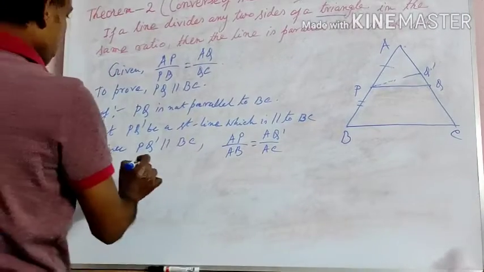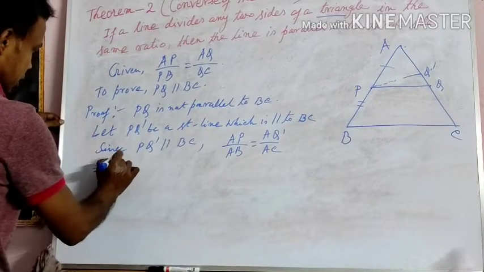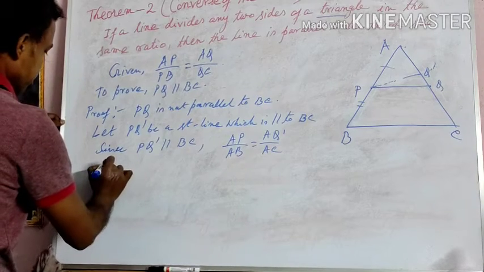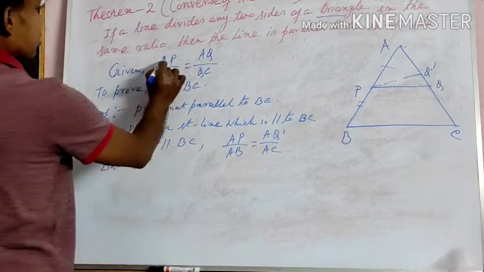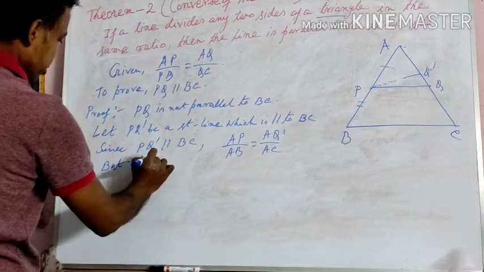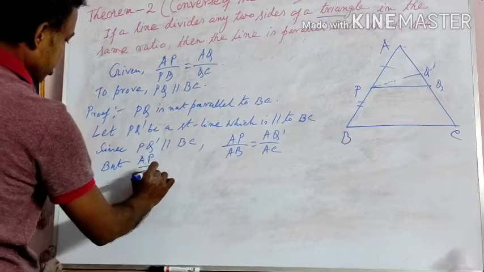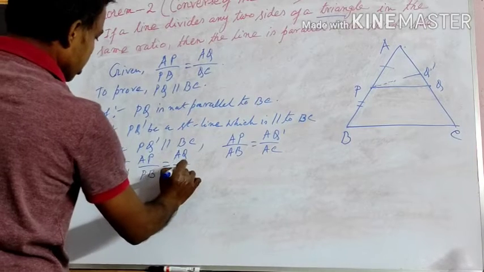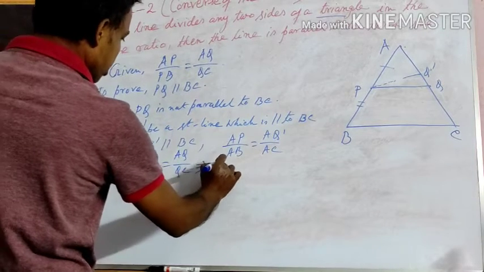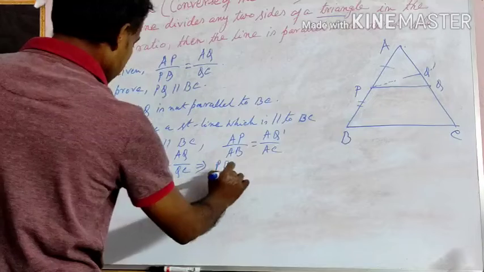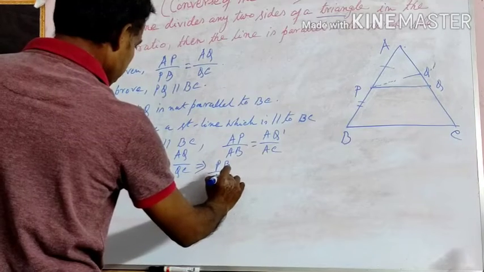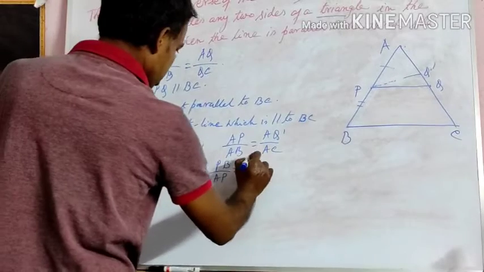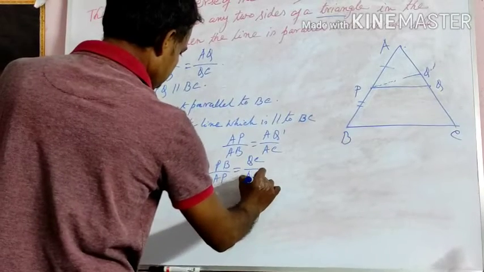Okay, so now, but given here AP by PB is equal to AQ by QC, or PB by AP is equal to QC by AQ, just reciprocal.